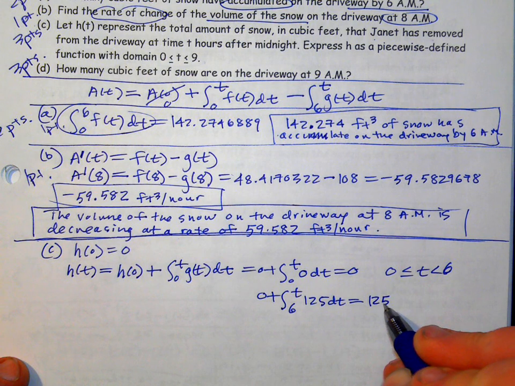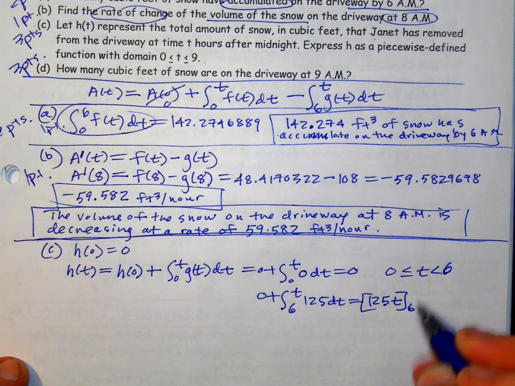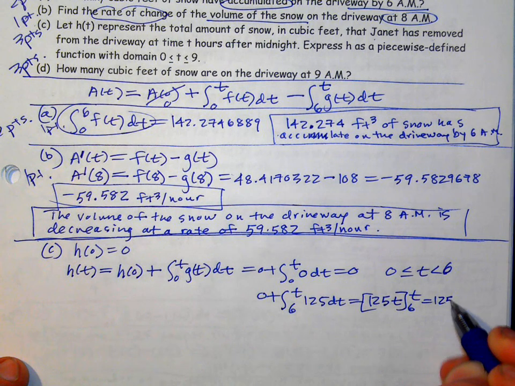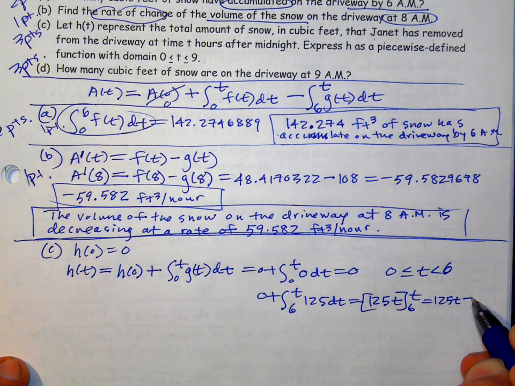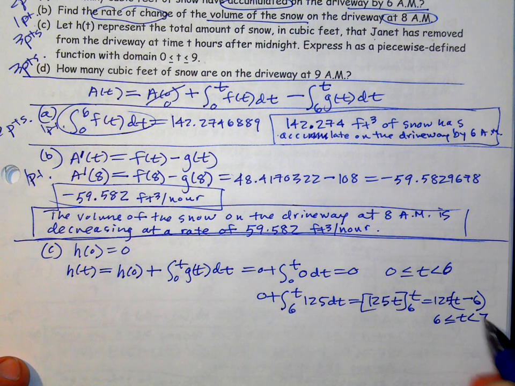And so we actually can integrate this. So I think we got to integrate it. 125 t from 6 to t equals 125 t minus 600. We could just say that. And that's from 6 to 7.